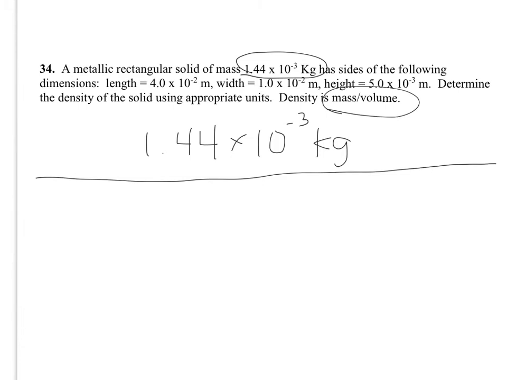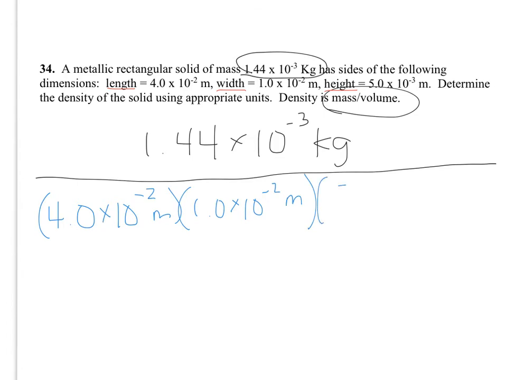It's going to go over, you can see it's going to be a whole lot of stuff, our volume. Now you have a rectangle. The volume of a rectangle is going to be length times width times height. So you just put all of that on the bottom. Length 4.0 times 10 to the negative 2 meters times width 1.0 times 10 to the negative 2 meters times height 5.0 times 10 to the negative third meters.